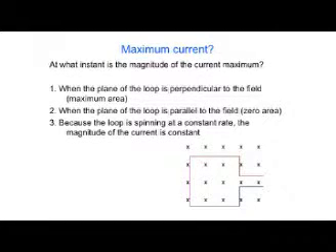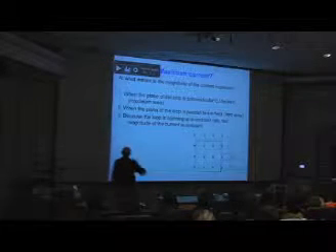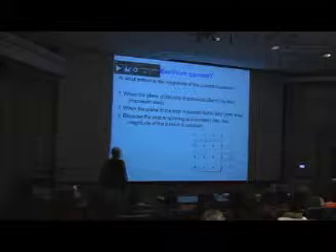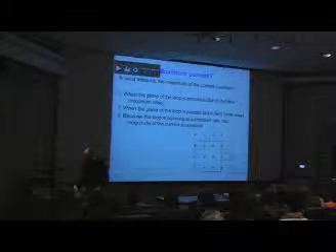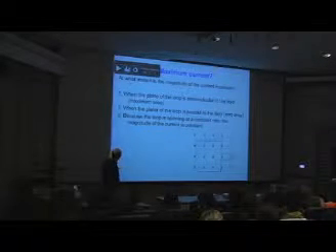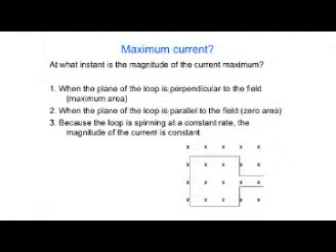See what you do with this question. So, as the loop rotates, think about how the current behaves as a function of time. So I'm asking you, at what instant is the magnitude of the current maximum? Choose the best of those 3 answers. And which answer corresponds to the picture, actually? The first one, right? Yes.